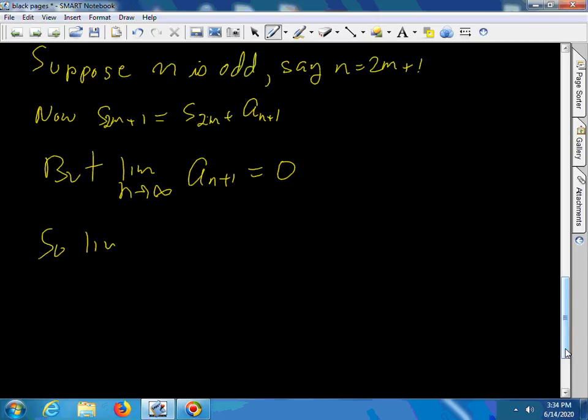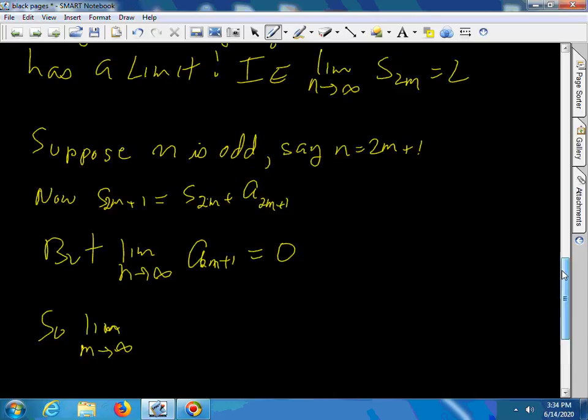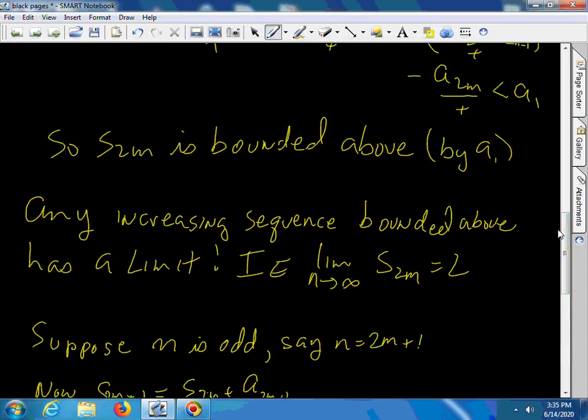So the limit, I guess this should have been a 2m plus 1. So the limit as m goes to infinity, this should have been m right here.